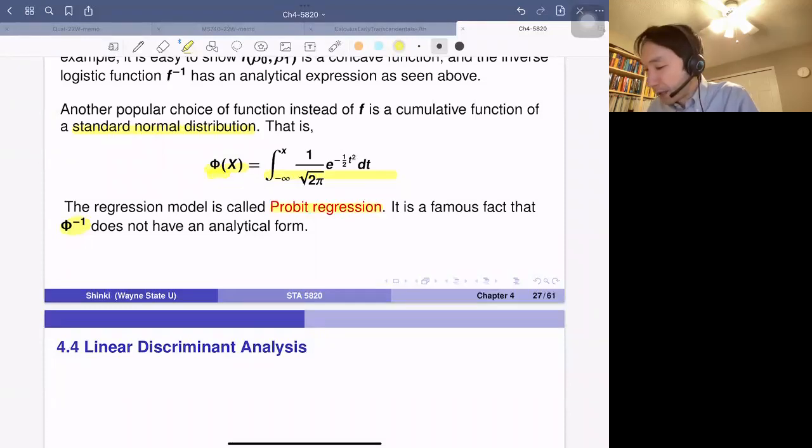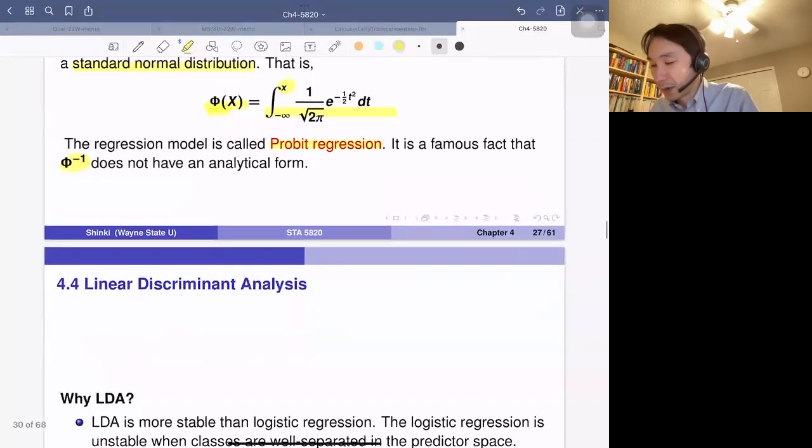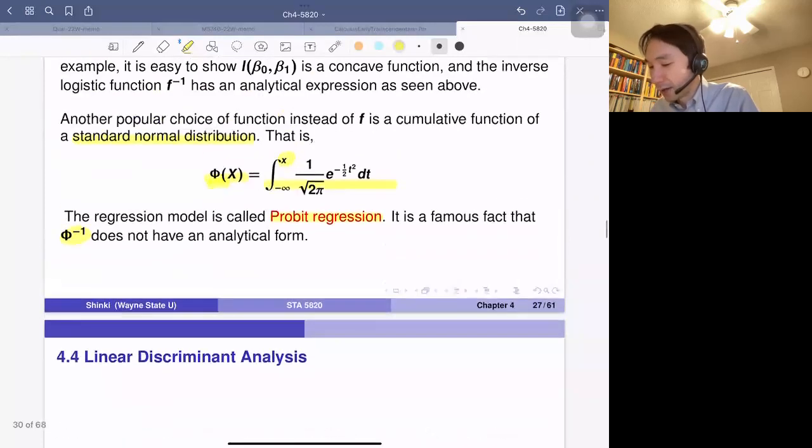So we cannot really write this inverse function. This is the quantile function: given a probability, what's the value of x? That cannot be determined by a simple formula, so it's harder to deal with.